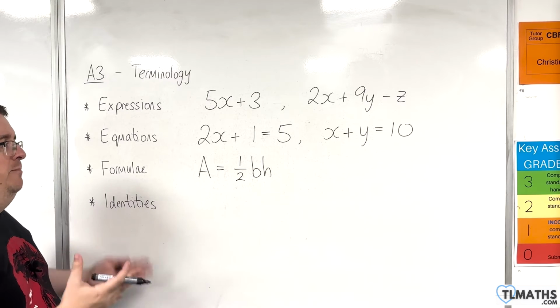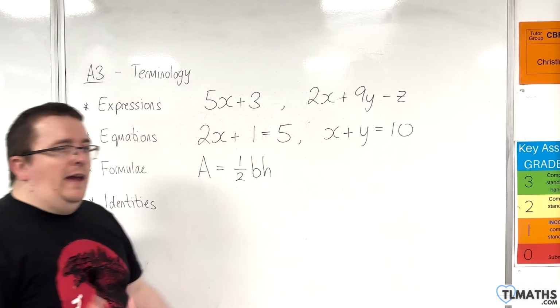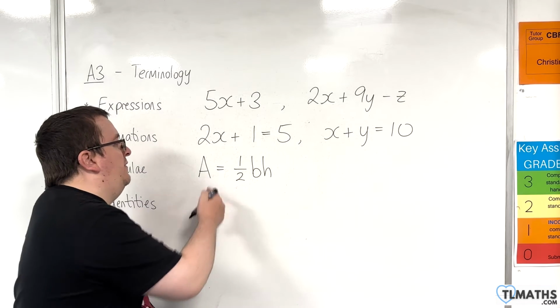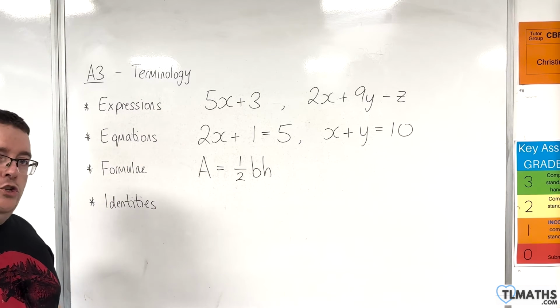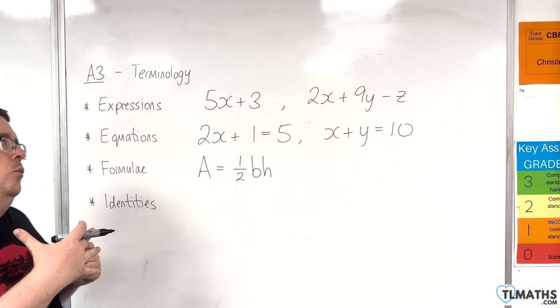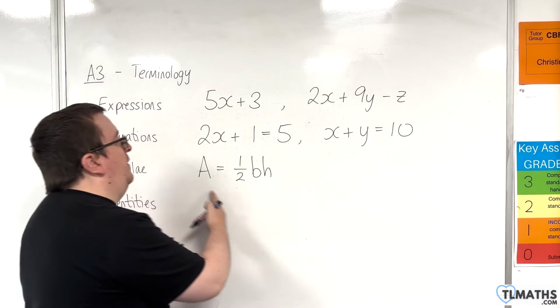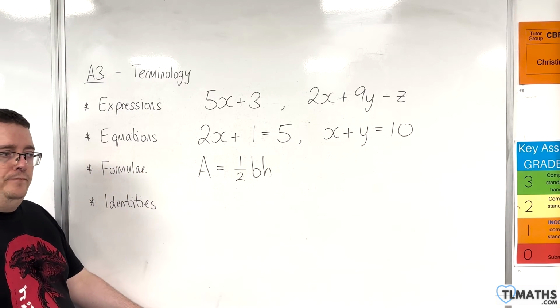Okay, 1/2 base times perpendicular height, if you like. So that is a formula. Notice it does have an equal sign, so you could call it an equation. Okay, but it is really down to what context this is used in. Okay, we'd refer to that as a formula.